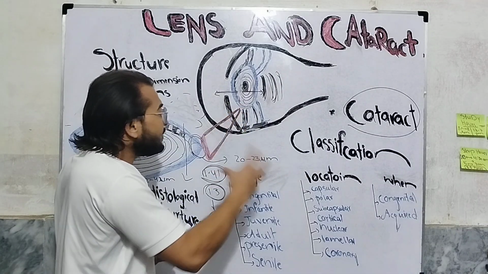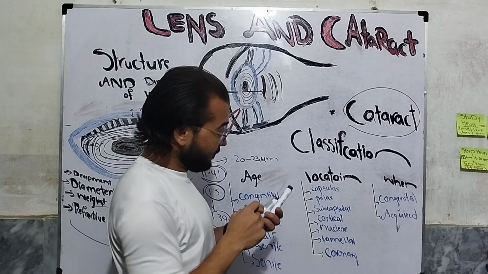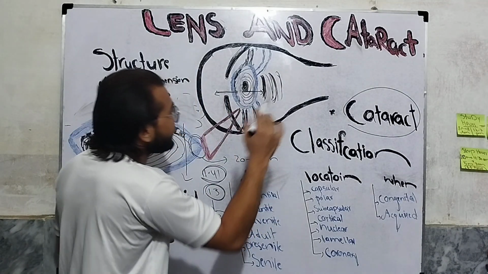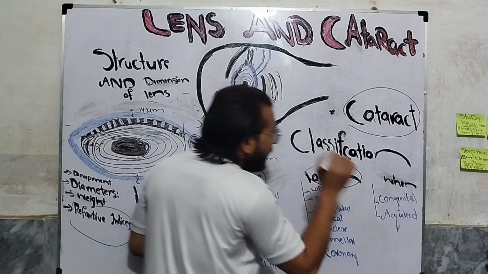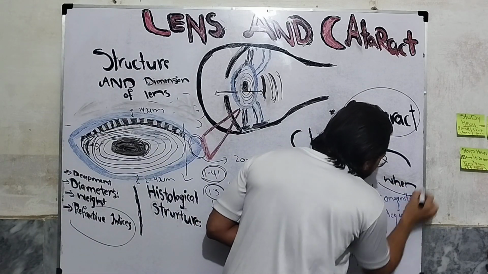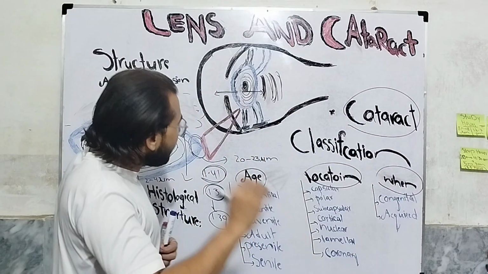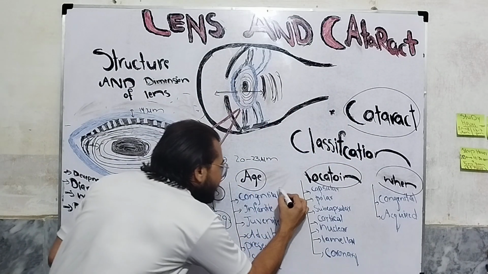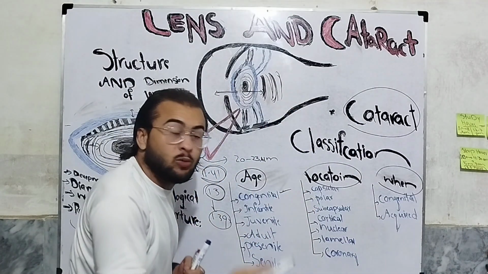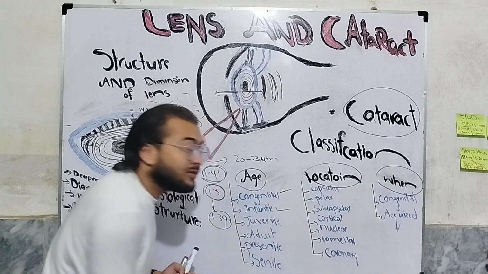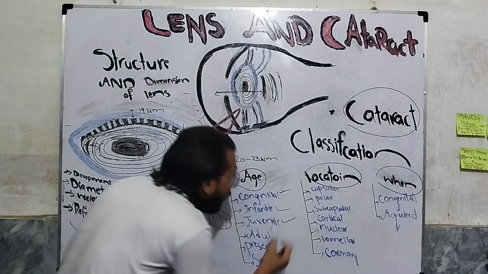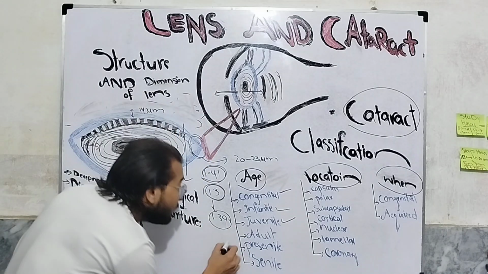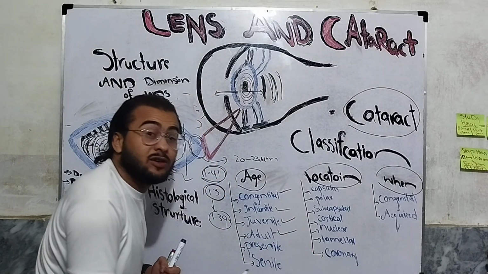We have three types of classifications. We classify cataract on the basis of age, on the basis of location, and on the basis of when it develops. On the basis of age, we have congenital cataract in a newborn, infantile cataract in infants, juvenile cataract in slightly older children, and adult cataract in adults.